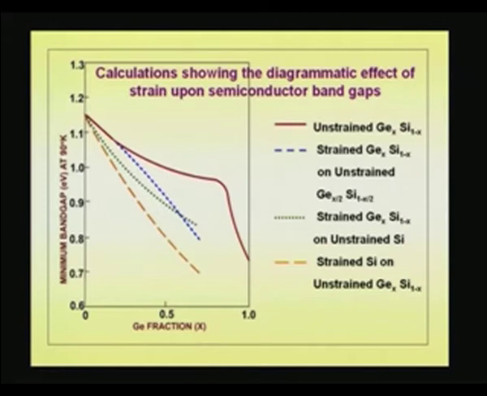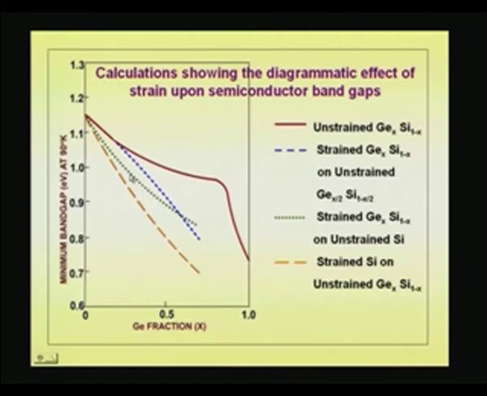So, you can see here, in fact it suits you. You can mix very small quantities of germanium and still get a band gap which is lower than that of silicon. The top curve here is unstrained silicon germanium. This particular curve is the one for strained silicon germanium on unstrained silicon.